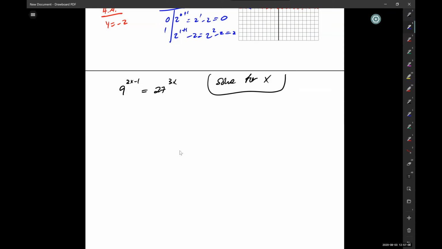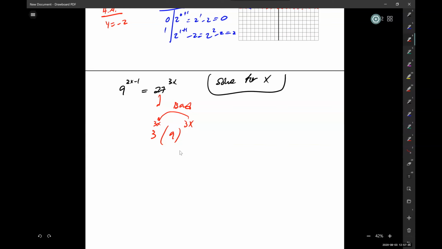What you can't do, and I'll do this in red and then probably erase it because it's bad, is say, oh, this is like 3 times 9 to the 3x. You can't pull out a multiple, because this is still going to have the 3 to the x attached to it. So we still don't have a common base between these two.